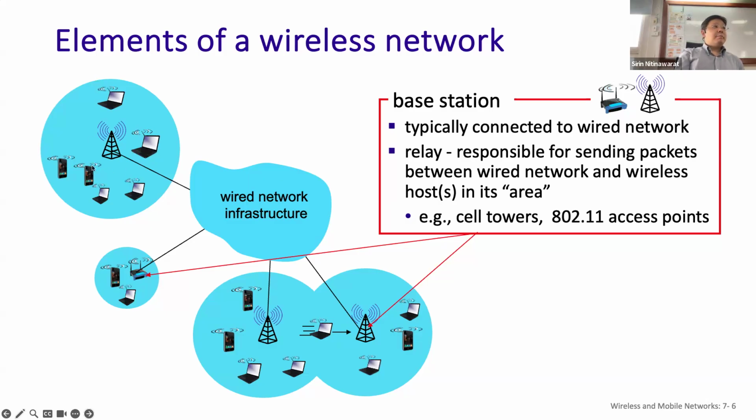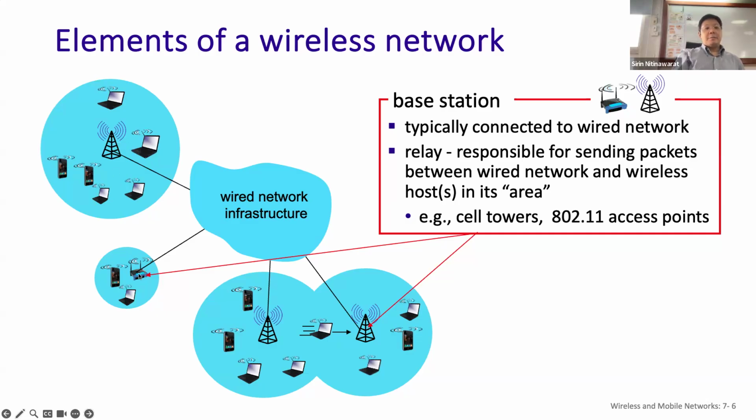For example, this base station acts as a hub to relay all the traffic from all these end devices in this area further to the internet. In the other direction, it will be responsible for relaying the incoming traffic from the internet to the destined end device.